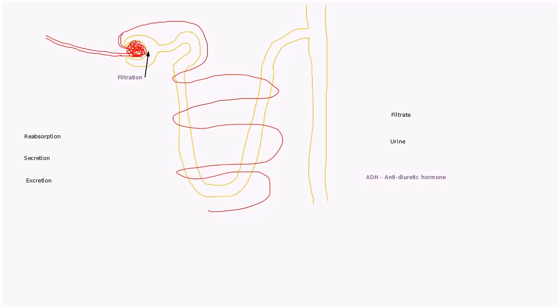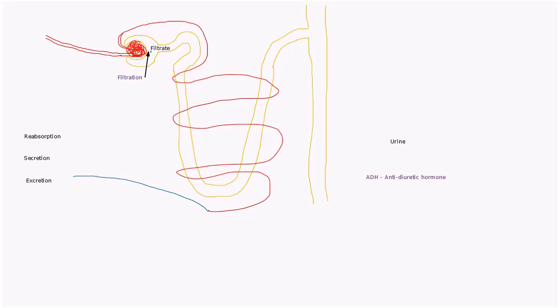Eventually we'll say they turn blue because they're leaving as low oxygen. Okay, so we've made the filtrate. I'll move this over here to show that we have some filtrate now inside of our nephron.